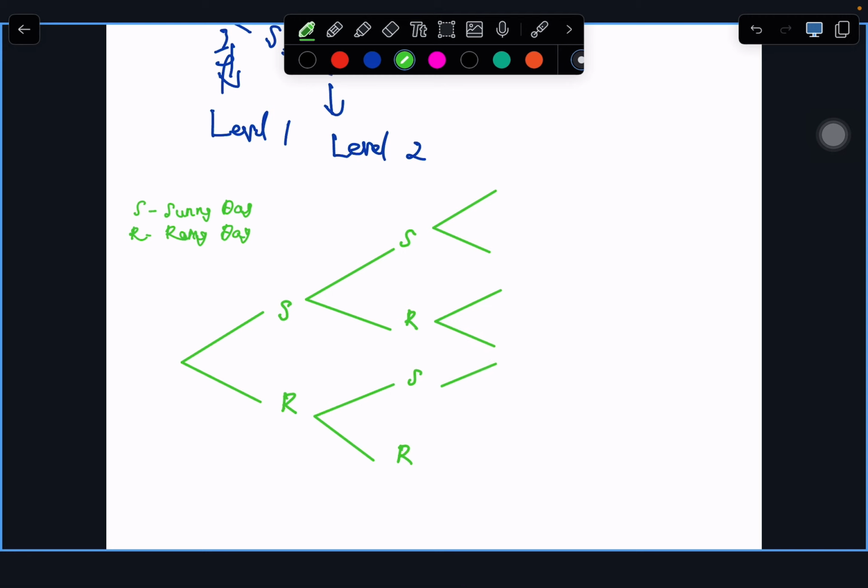Draw properly, guys. So this one is S, R, S, R. That's how we draw or sketch a tree diagram.